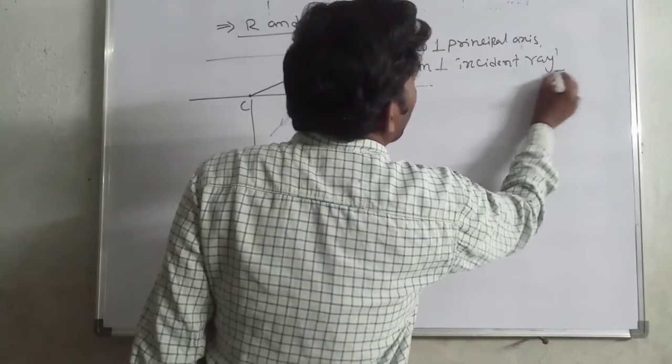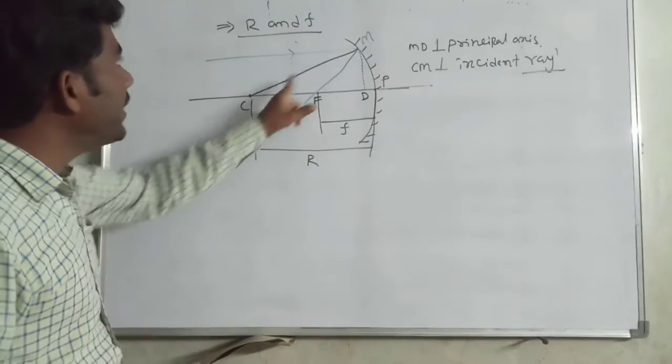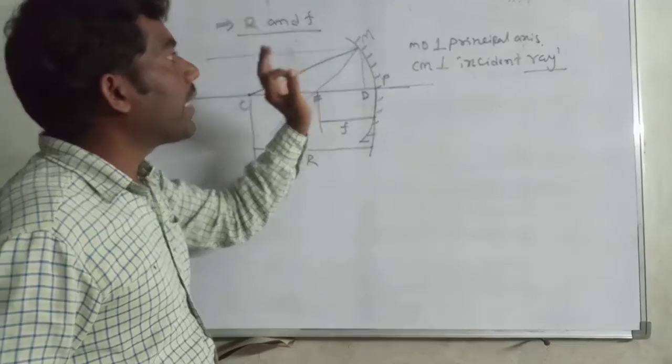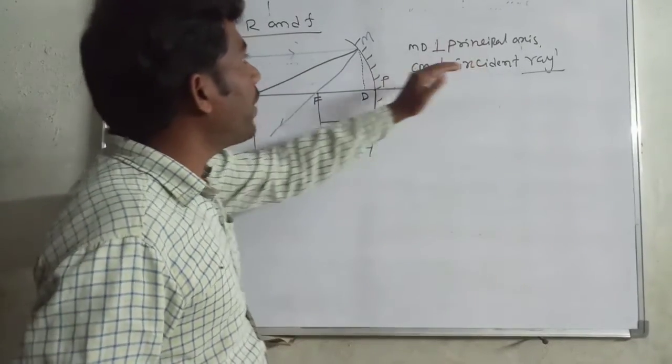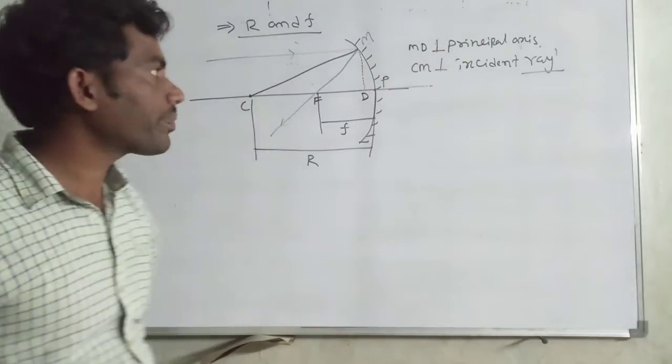CM is perpendicular to the incident ray, and MD is perpendicular to the principal axis. This is important.